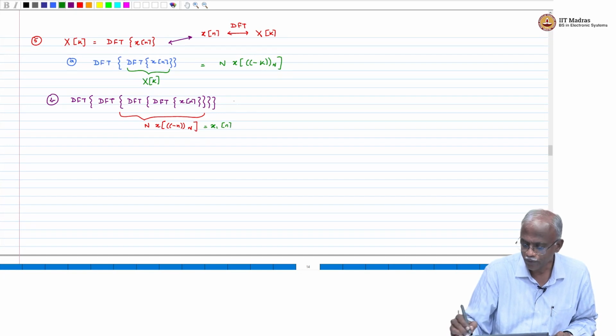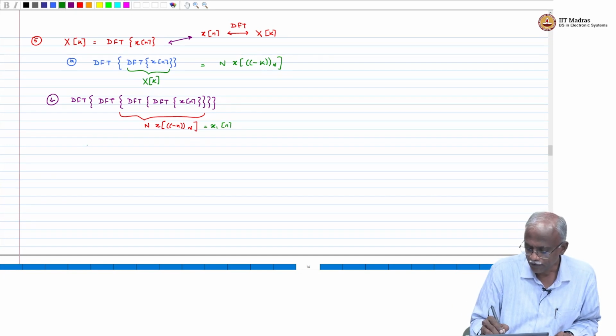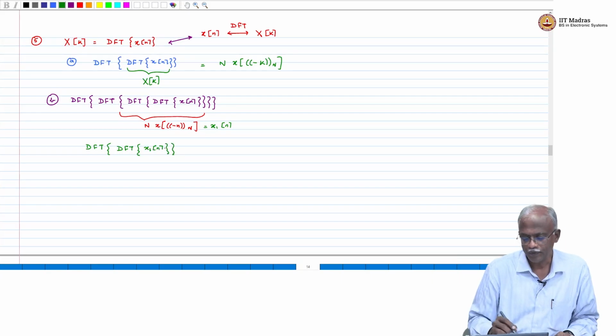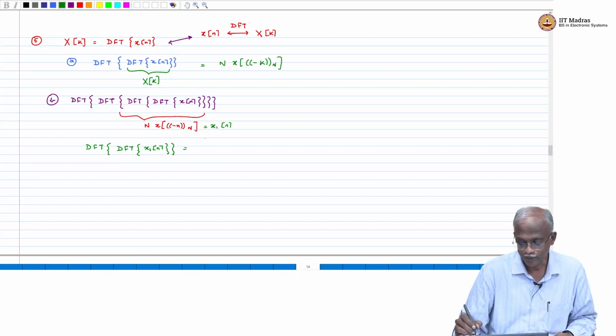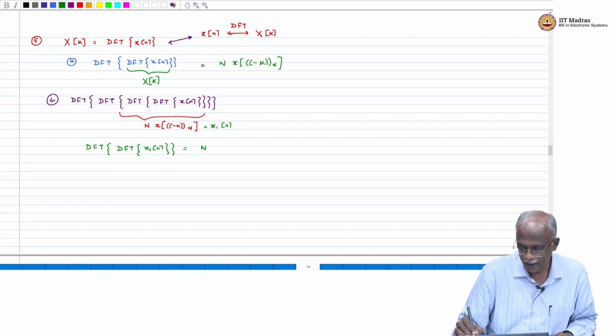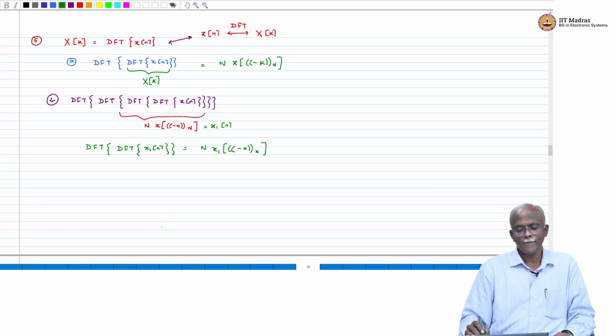Then what we get is DFT of x1 of n. This we know what the answer is from part A. This will be N times x1 of minus n modulo N. Am I correct?